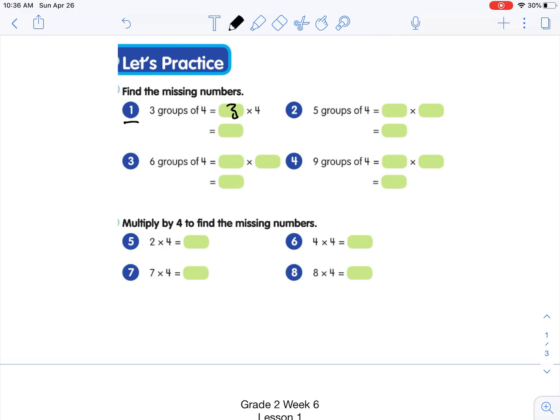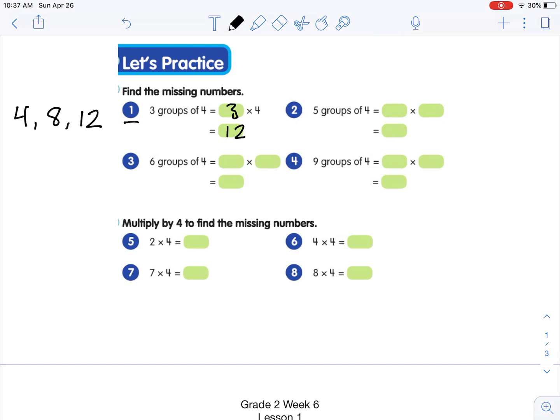If I want to figure out what is 3 times 4, I can skip count by 4s 3 times, which I know would be 4, 8, 12. Do you agree? Awesome.